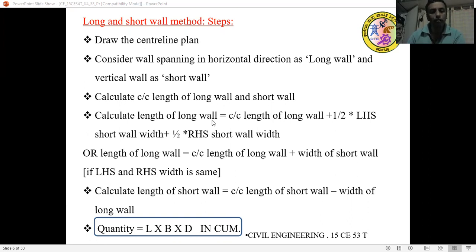After calculating the lengths, you have to finally calculate the quantity of long wall and short wall using the same formula: length of the wall times breadth of the particular item of work times depth of the particular item of work. Finally, you calculate the quantity in cubic meters.